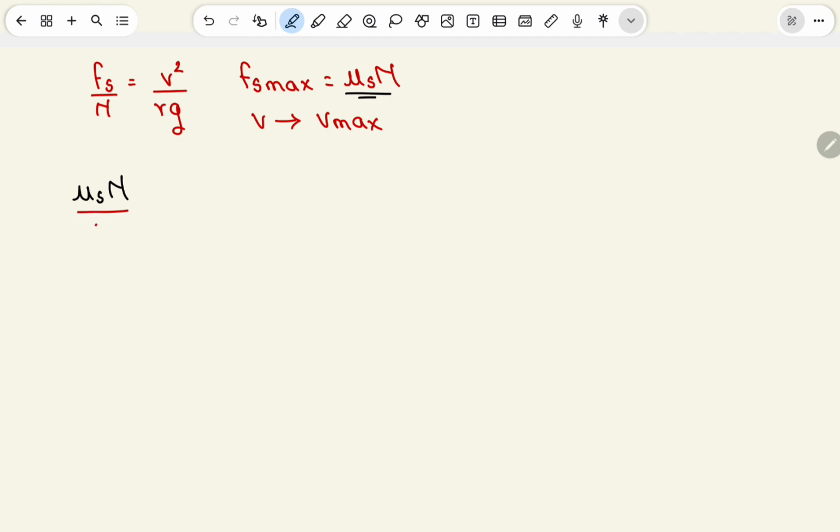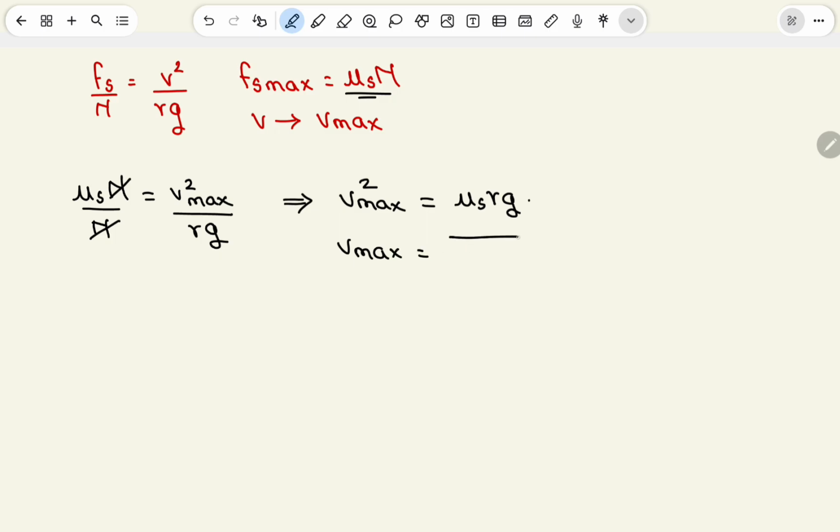So substituting the values, we get mu s N upon N is equal to vmax square by rg. N and N get cancelled. So from this we have vmax square is equal to mu s rg, and finally we get the maximum velocity as under root mu s rg.